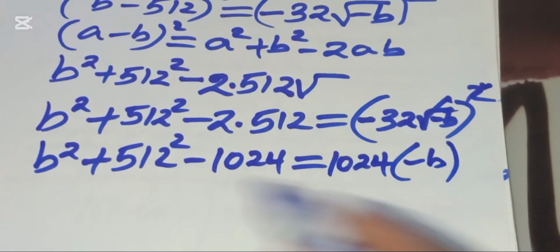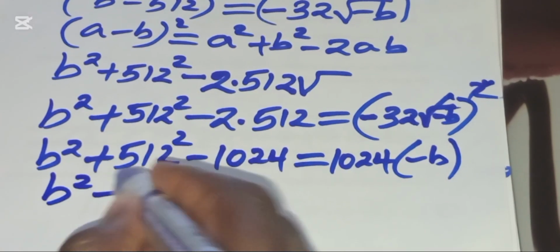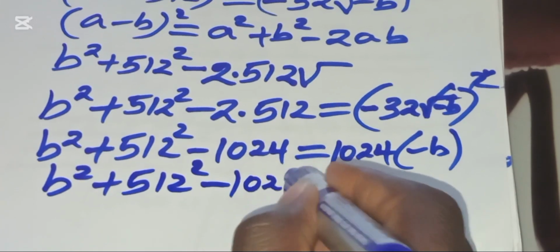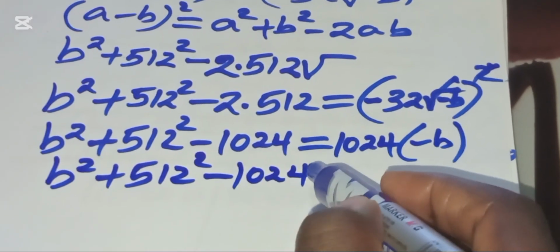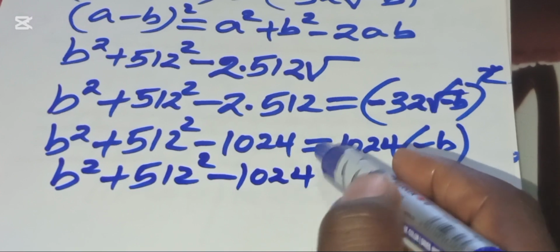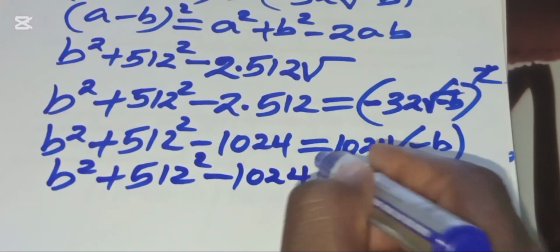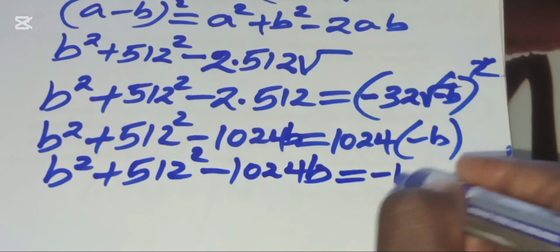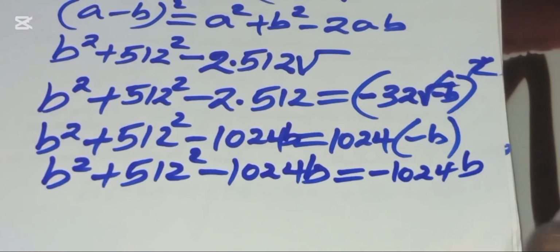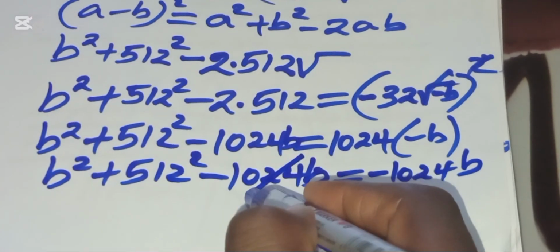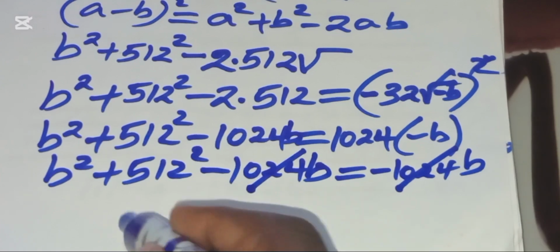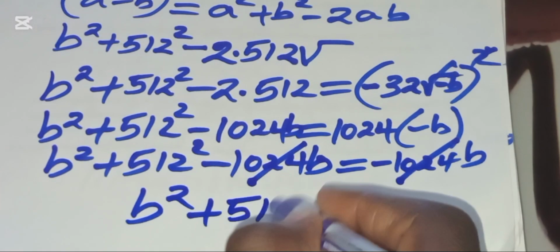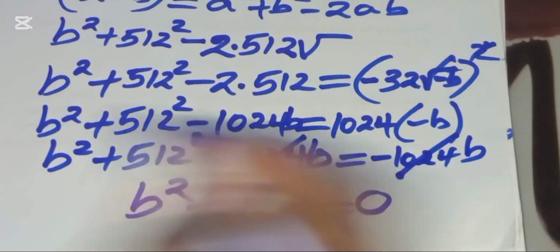So this is b squared plus 512 squared minus 1024b equal to negative 1024b. Now the 1024b simplifies, so that we'll have b squared plus 512 squared equal to 0.